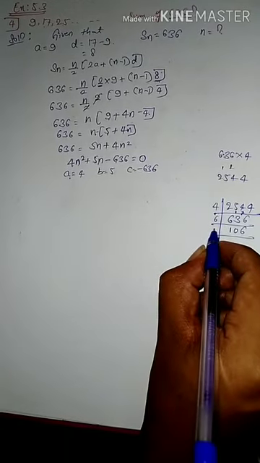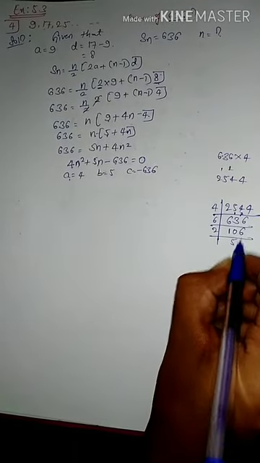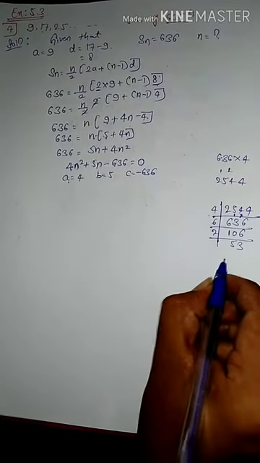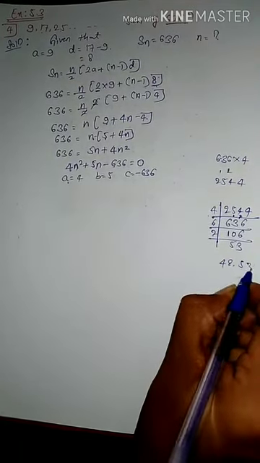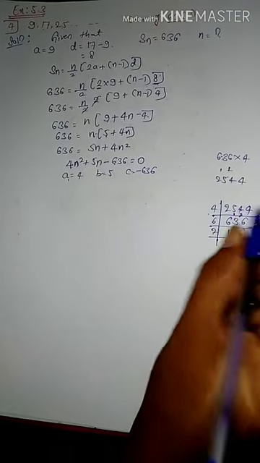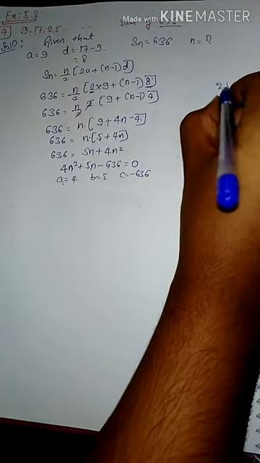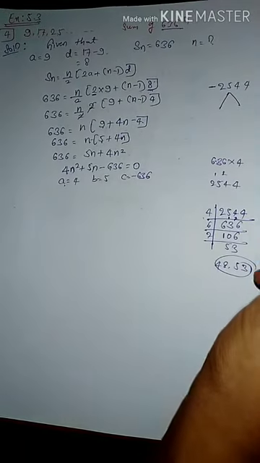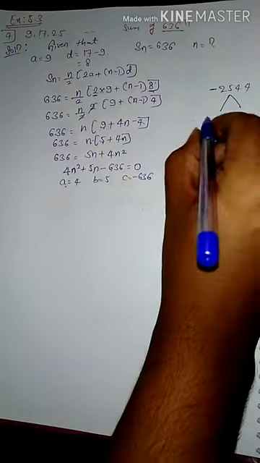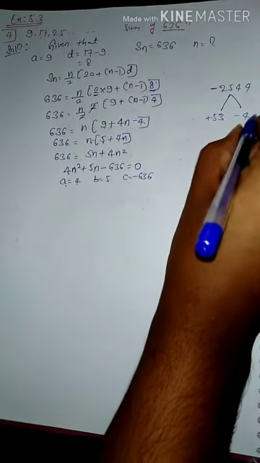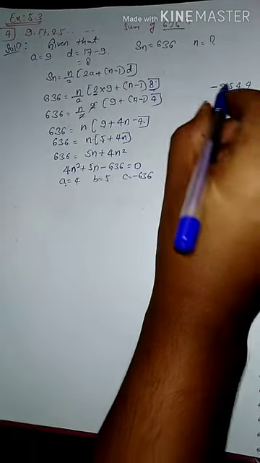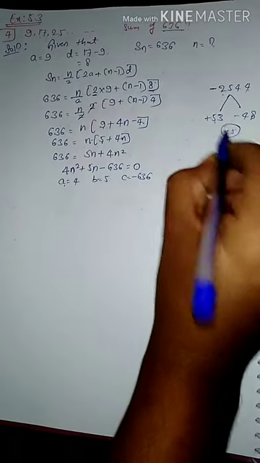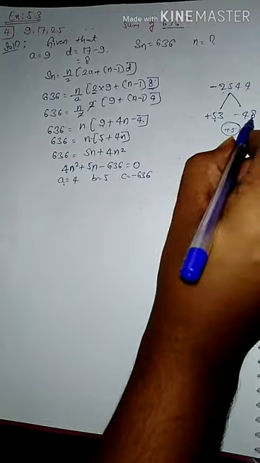So after this, 2 5s are 10, 2 3s are 6, 4 6s are 24, 24 2s are 48. 48 and 53 are the factors of 2544. So the factors are plus 53 and minus 48, because 53 into 48 is 2544 and plus 53 minus 48 is plus 5. Therefore the factors are 53 and minus 48.